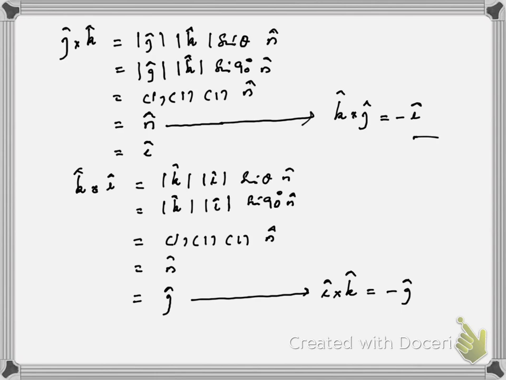Now, if we are given components of two vectors A and B, A is again A1, A2, A3, and B is equal to B1, B2, B3.